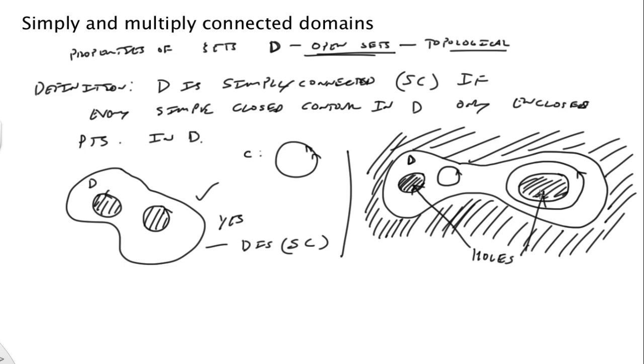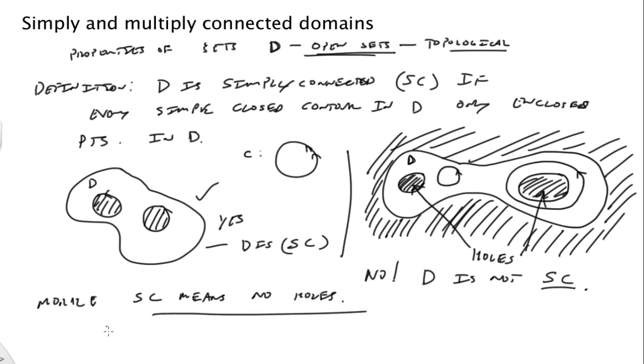Because I can find a contour that encloses points that are not in D, what we say is no, this set D is not simply connected. So what's the moral of the story here? Simply connected means no holes.